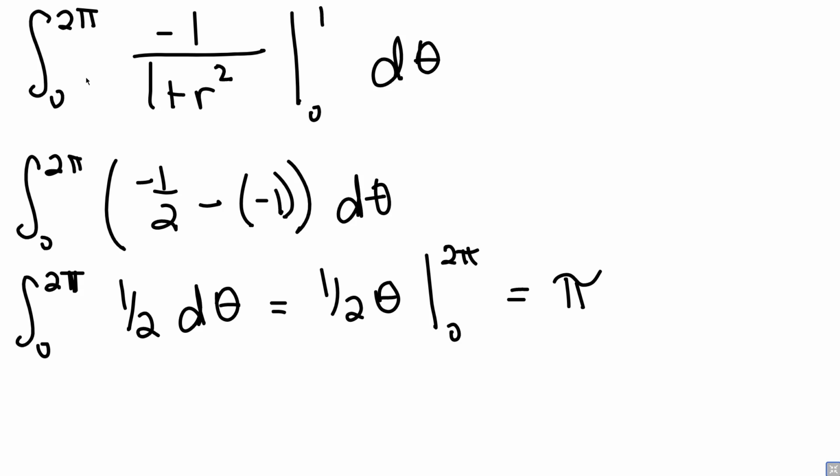Okay, so now let's look at our last example. We're asked to find the area of the region common to the interiors of the cardioids.